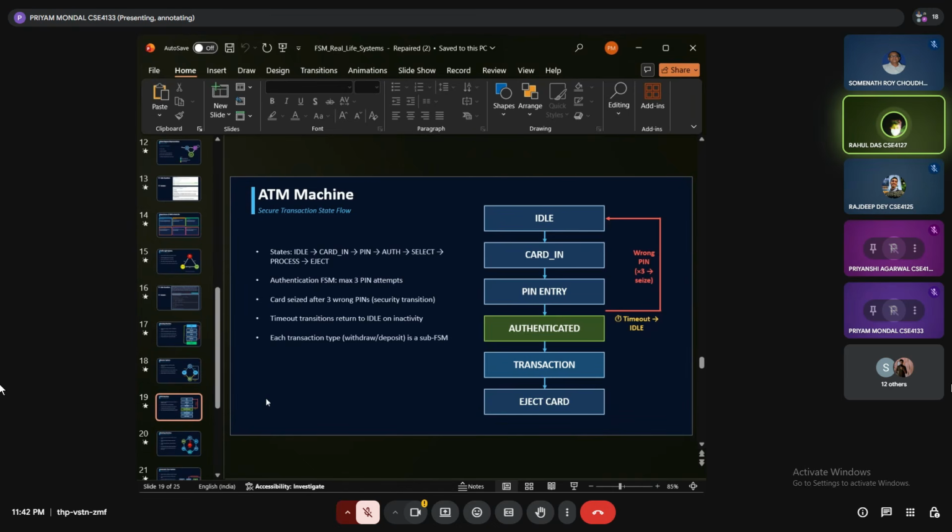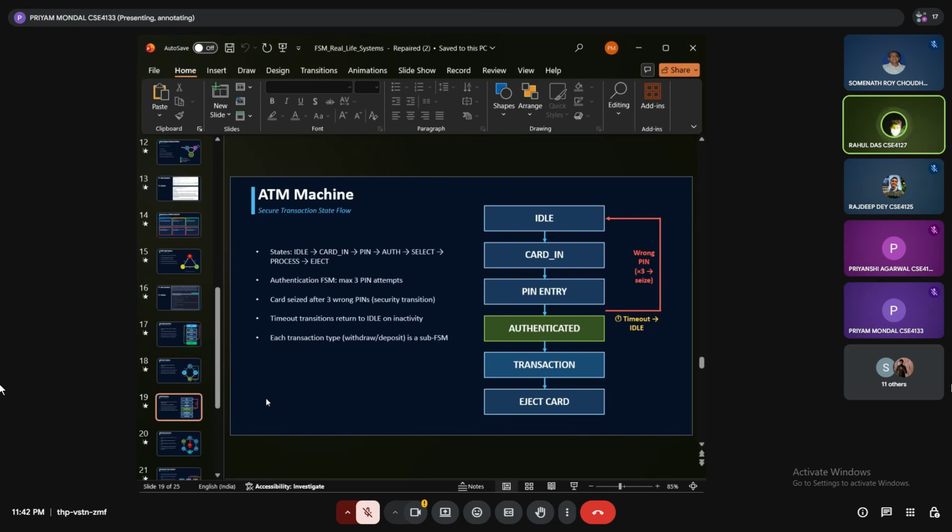Let's continue with another real-life example of FSM: the ATM machine. When you insert your card, the machine moves from idle to card in. You enter your PIN, it checks it. If it is correct, you pick a transaction. Once done, it ejects your card.